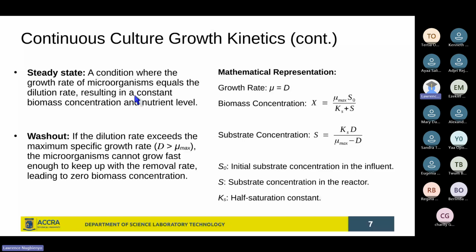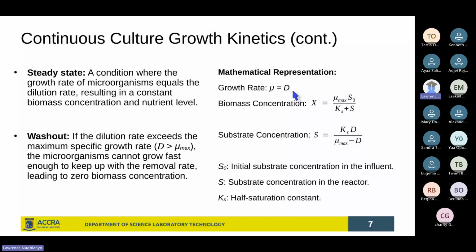And you see that that has a certain constant in there. You have the growth rates. In this case, if you have a steady state, what it means is that the growth rate is equal to the dilution rate, the value which we just calculated from the previous slide. In a steady state, growth rate is equal to that dilution rate.